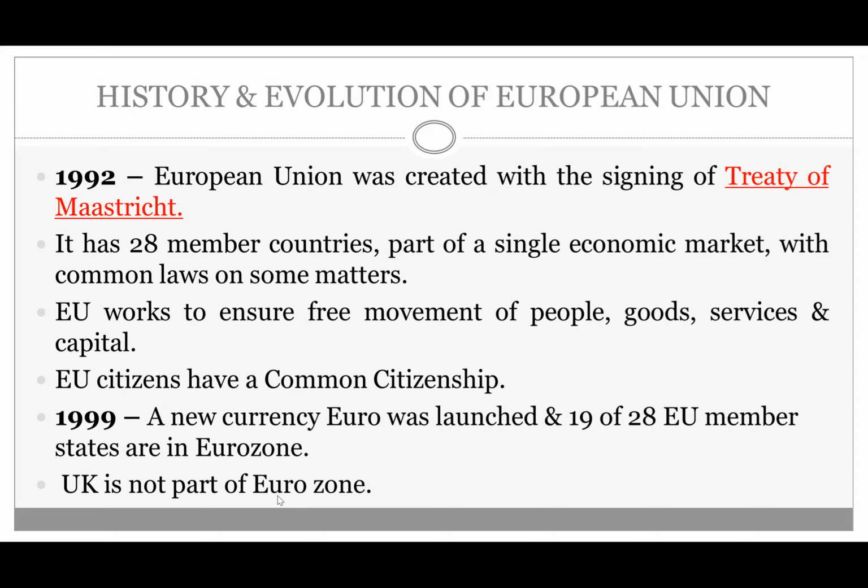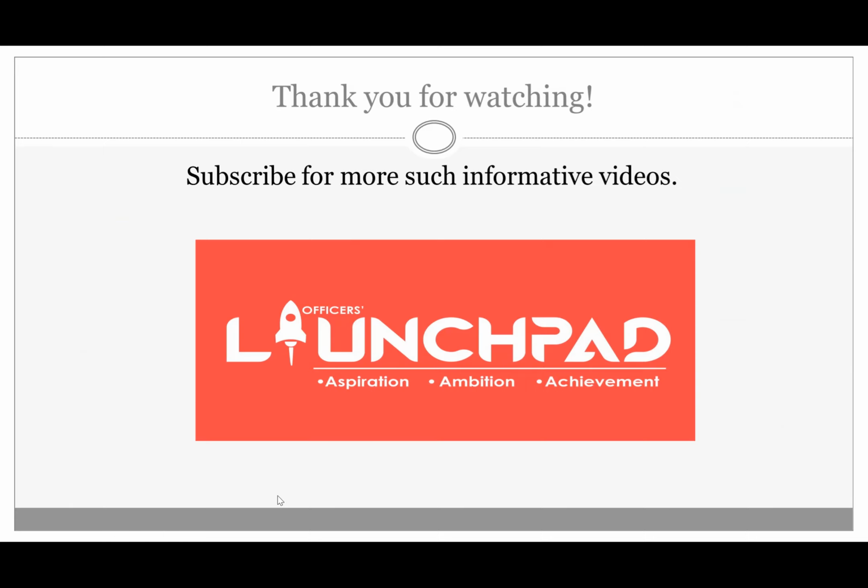Since then, EU and Britain are negotiating a deal of how the future relationship between Britain and EU will be. So that is what makes this issue very important for UPSC, all the state services and all other competitive exams which require you to have knowledge of current affairs. So this was the history and evolution of EU.